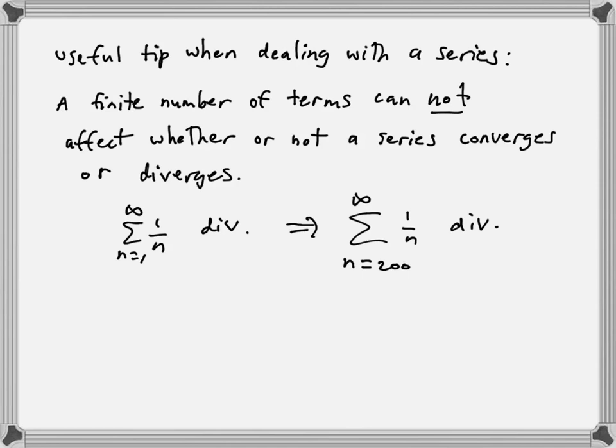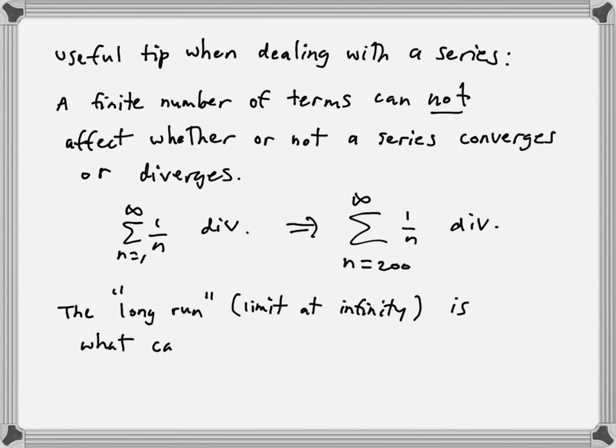It's what happens at the end, and what I mean by end is as we go to infinity. Okay, so I'm going to say the long run, in other words, limit at infinity, is what causes the behavior. So we are going to be using this fact quite a bit later on to justify some things.